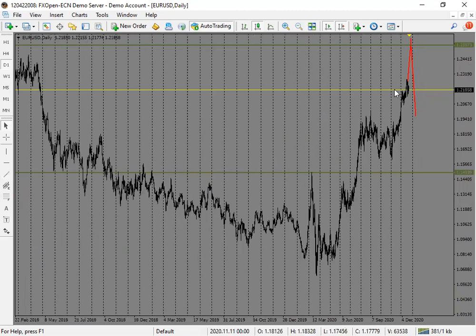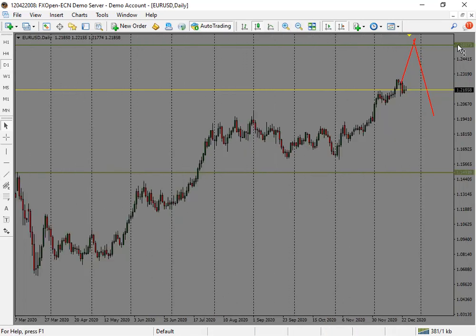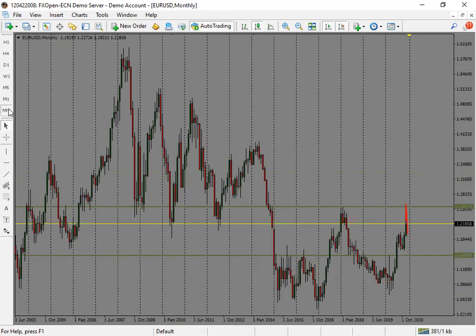So then you'd wait for the daily candle to close, let's say, below 125 and reject that 125.57 level in order for us to have some sort of confirmation for the short of this Euro USD.